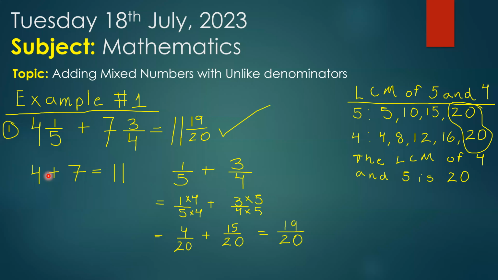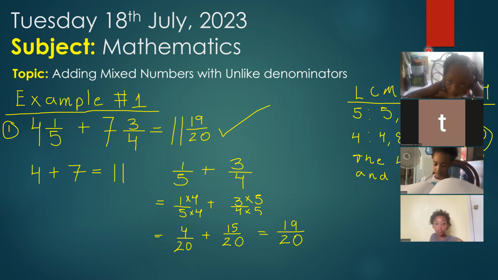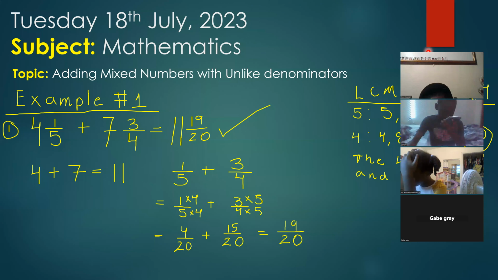Four plus 7 is 11. 1 over 5 plus 3 over 4. Now we have to find the LCM of 5 and 4.